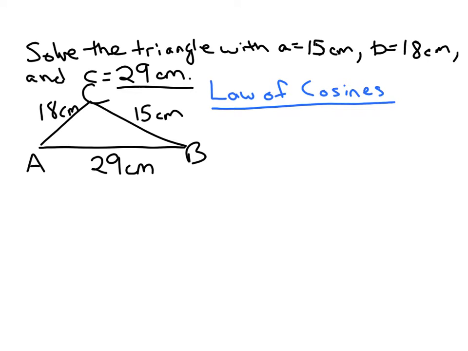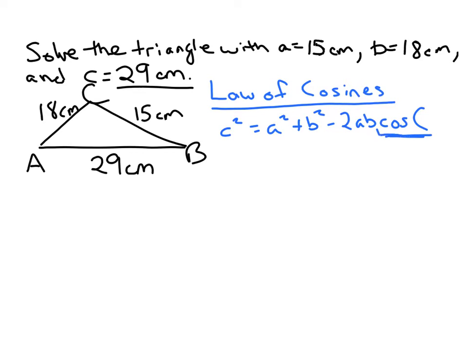So I'm going to solve for angle C first, so that means I want to use this version of the law of cosines where C squared equals A squared plus B squared minus 2AB cosine of angle C. So we're going to use this equation to find angle C. Before I plug in, I would probably rearrange this a bit.